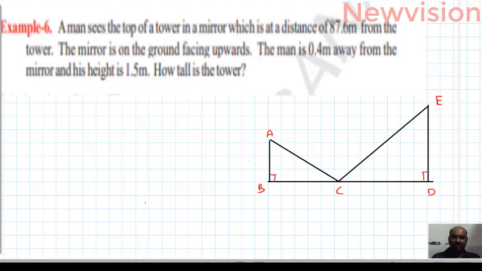The height of the person is given as 1.5 meters. This length is given as 87.6 meters. This length is given as 0.4 meters. We want to find this height.